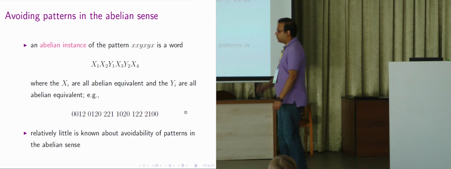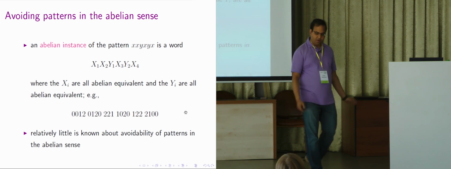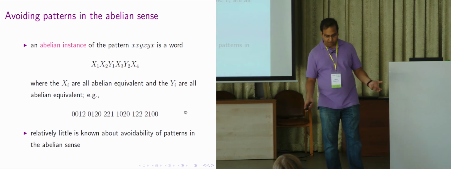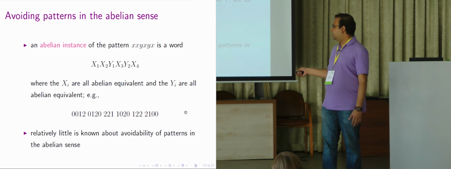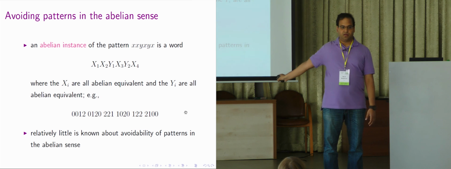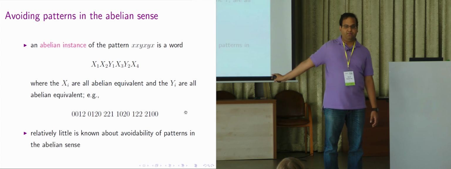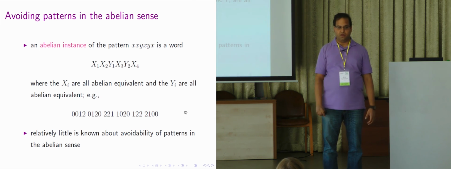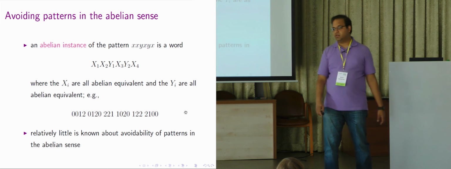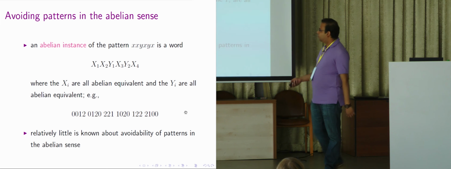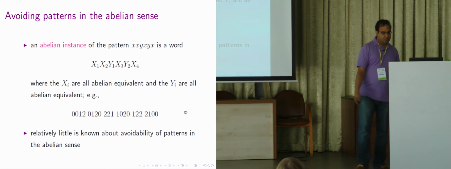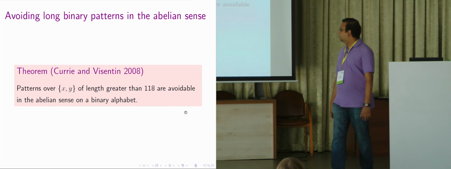All right, so we can ask all the same questions about avoidability of patterns in the abelian sense. But in fact, this is very difficult. And there are very few results on avoidability of patterns. Very little is known, and the questions are quite difficult.